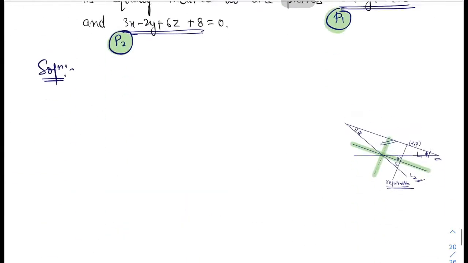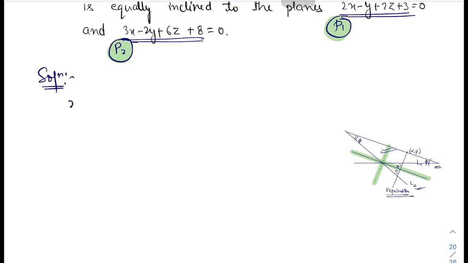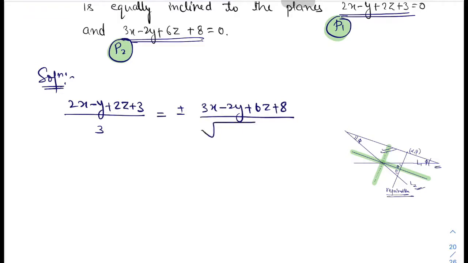So if we do this here, we get 2x minus y plus 2z plus 3. So this was our first plane, and a square plus b square plus c square will give us 9 in the root sign, so it comes out to be plus 3, and plus minus this 3x minus 2y plus 6z plus 8. Okay, this other plane divided by 9 plus 4 plus 36, it's root 49, which is nothing but 7.